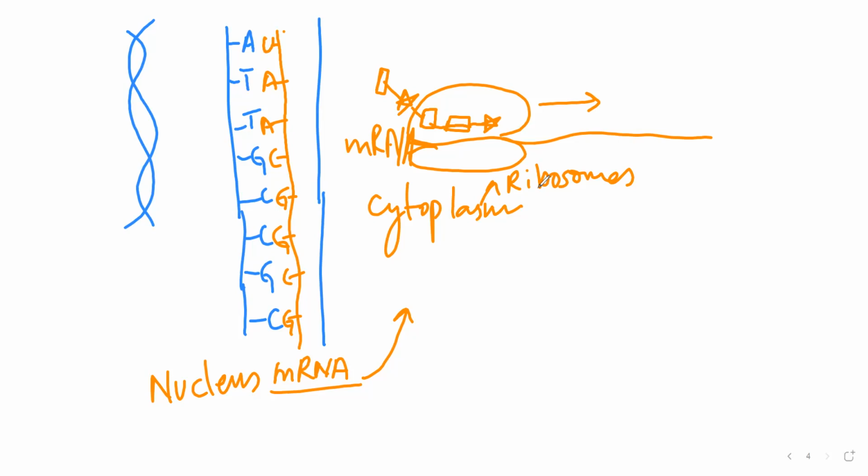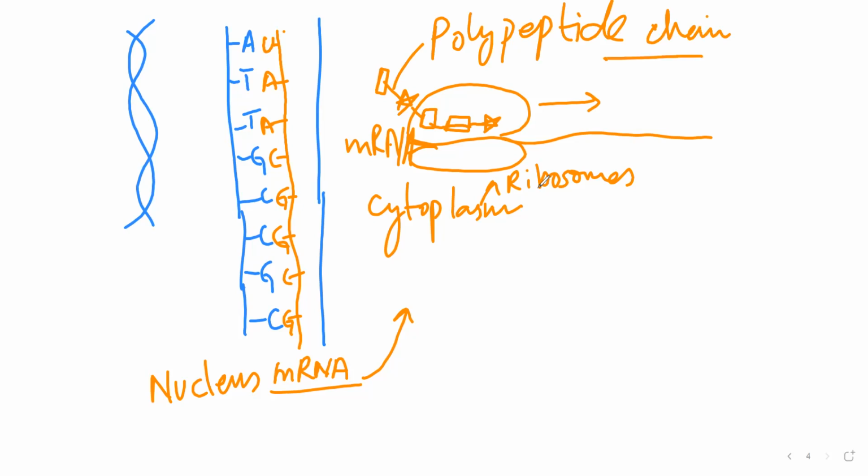So this is the polypeptide chain that is formed in the cytoplasm on rough endoplasmic reticulum. And this polypeptide chain is made by the different amino acids, and the sequence of these amino acids is dependent on the base sequence that is present on mRNA.